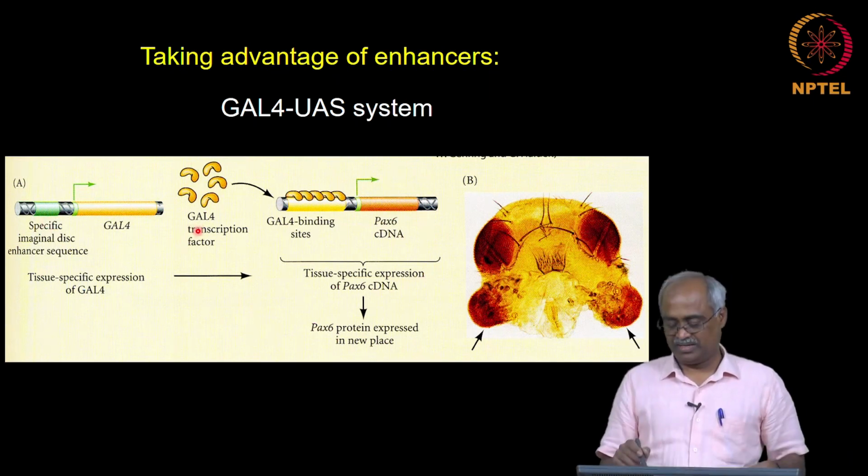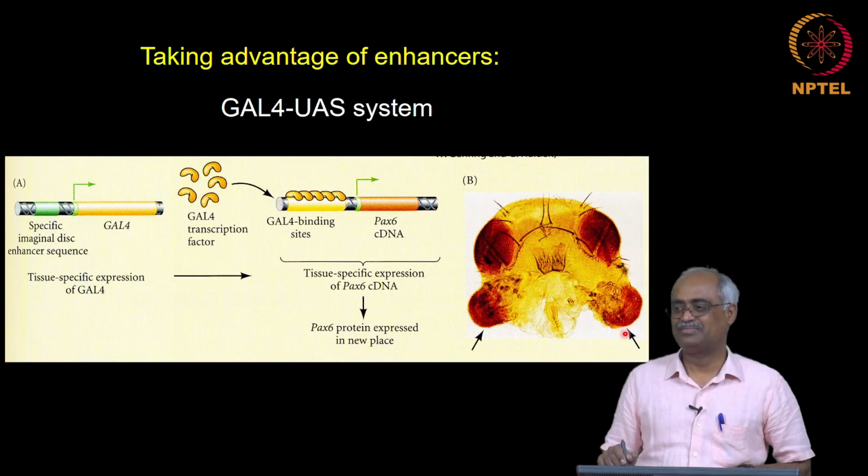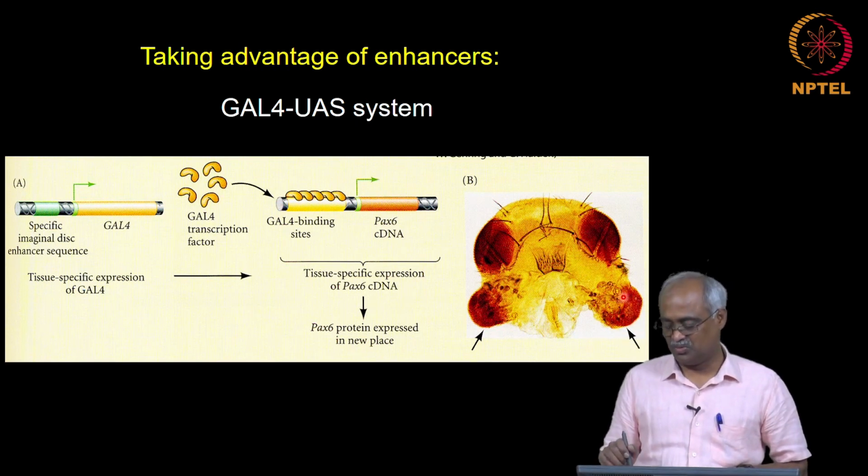In this particular case it is not the eye, it is another structure in the thorax or in the head region, where by driving PAX6 they were able to induce the formation of an eye there. A place probably antenna in this case, I think I have to check the book, instead of developing antenna you develop an eye.